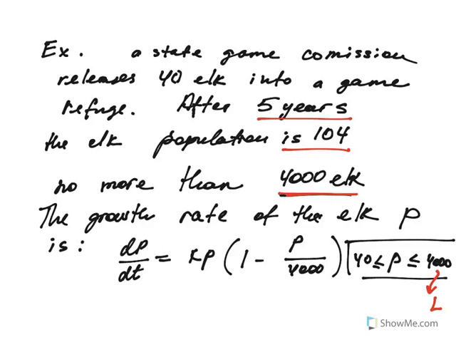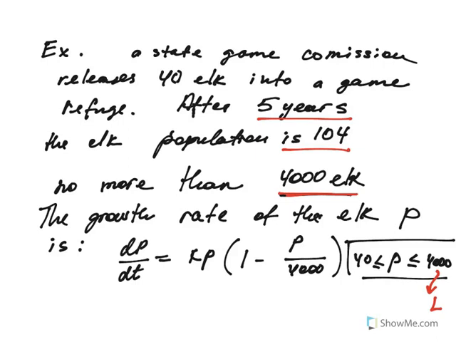Now, please remember, t is the number of years. Now, here's my question 1. Let's call it part A. Write a model for this population in terms of t. So it has to be a logistic model, right? Because of this fact.